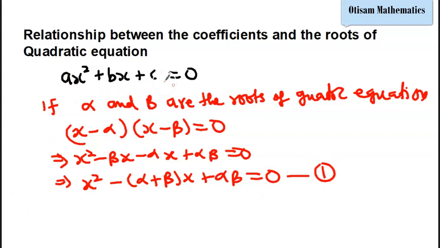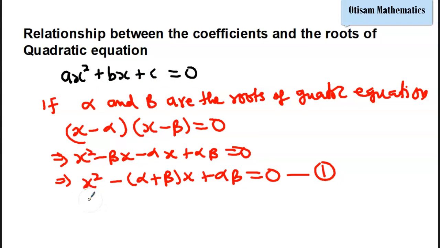And then let's compare it with the general quadratic equation, which is ax squared plus bx plus c is equal to 0. This is the standard quadratic equation. And to compare the two, let me name this one as equation 2. Now the coefficient here is 1, the coefficient here is a.